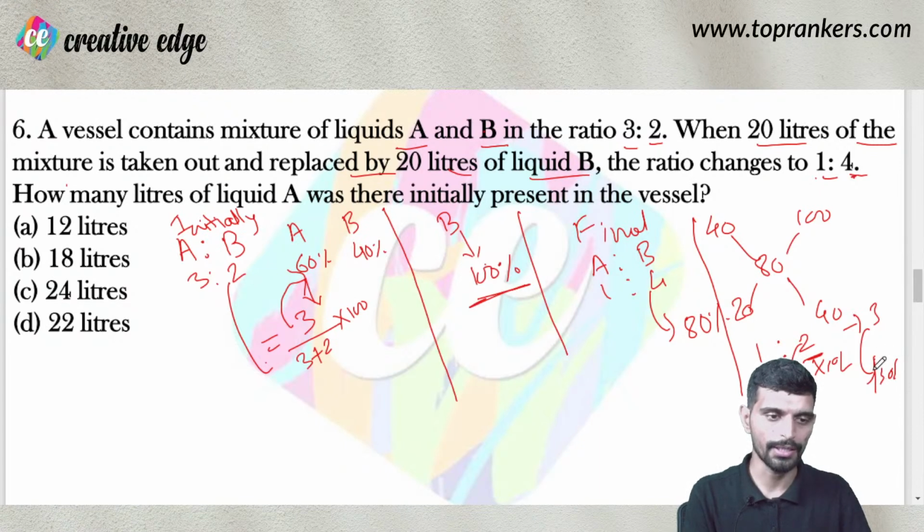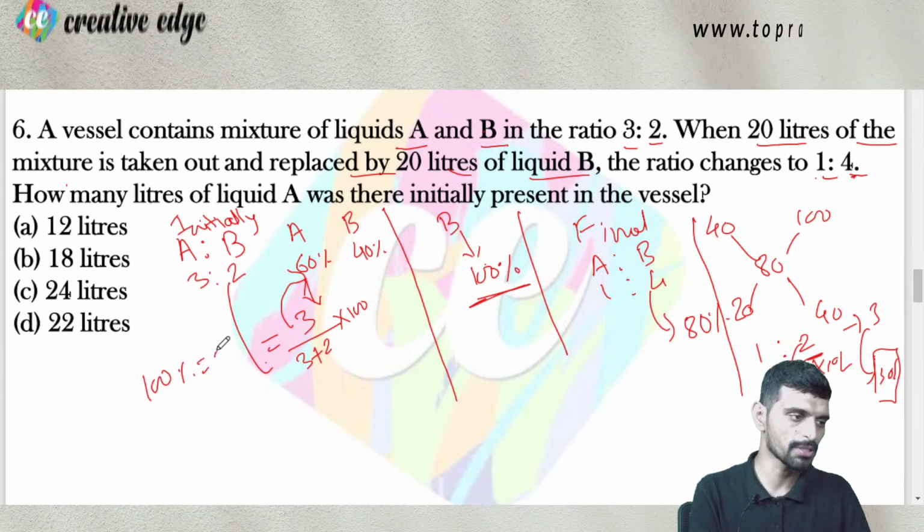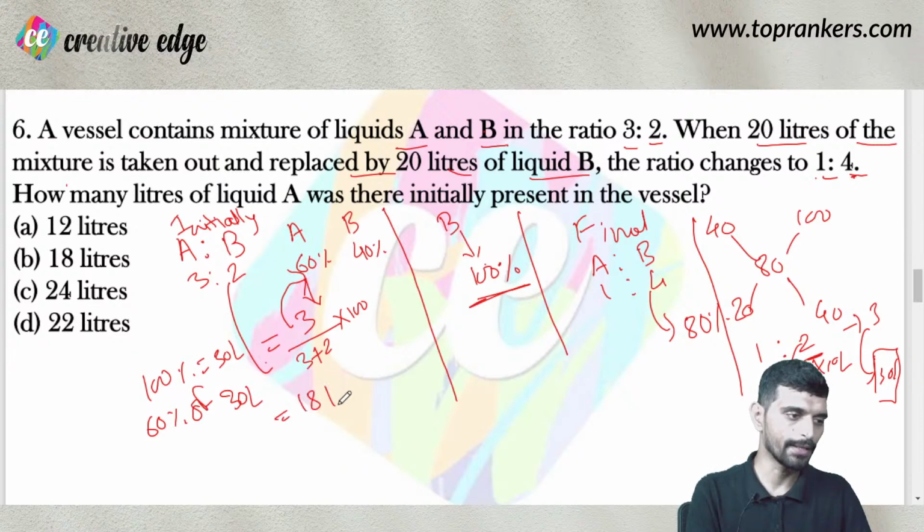So this 30 liter is the total volume, right? So total volume of 30 liters here, if you consider total 100% in the initial one, 100% is equal to 30 liters. So 60% of 30 liters will be 18 liters.